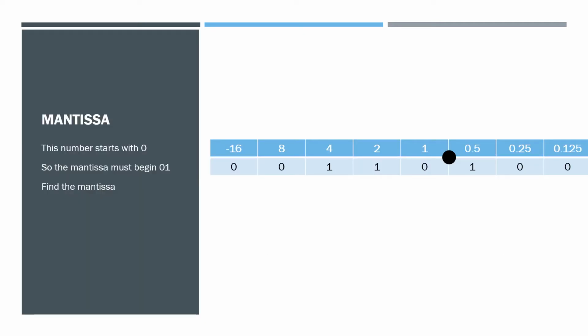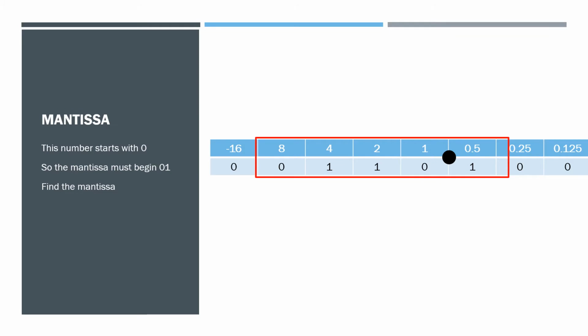So every mantissa starts 0.1 or 1.0. Now this is a positive mantissa. It starts with 0, so we're looking for the first occurrence of 0, 1. And so we just find the mantissa basically. Here it is.